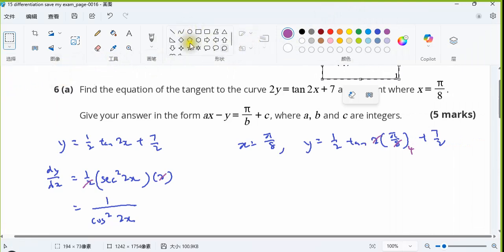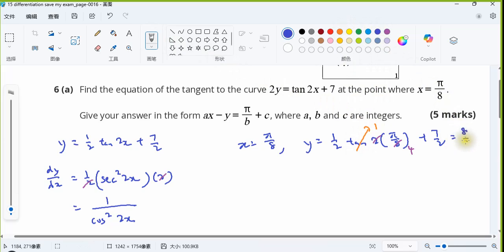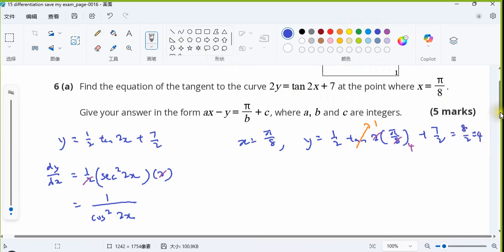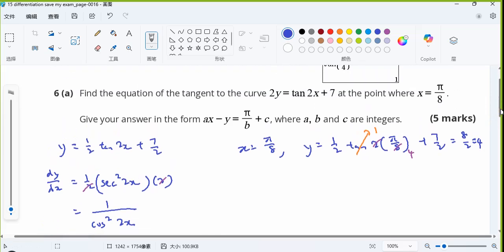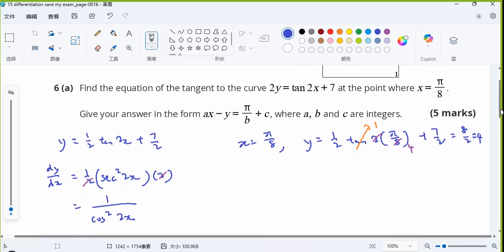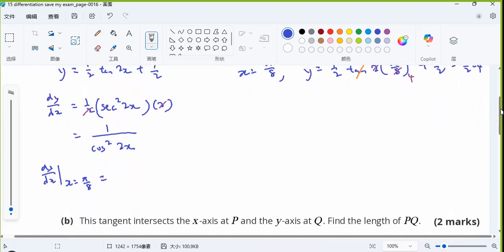So this is 1 here. Then we have 8 over 2, 4. So the dy/dx when x equal to pi over 8, we want to find the equation of tangent. So 1 over cos squared of 2 times pi over 8.